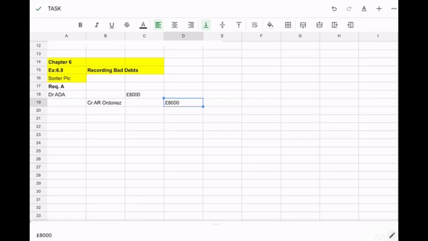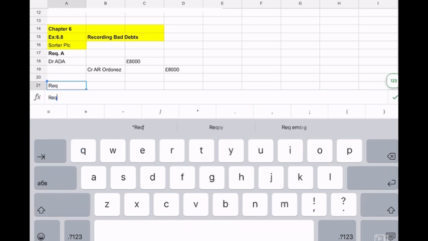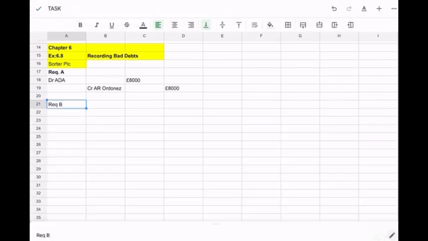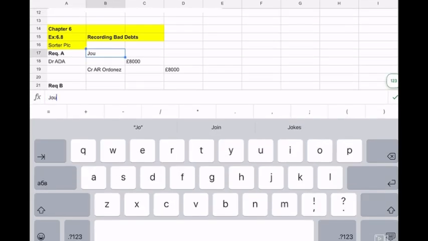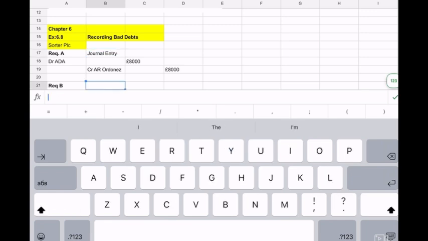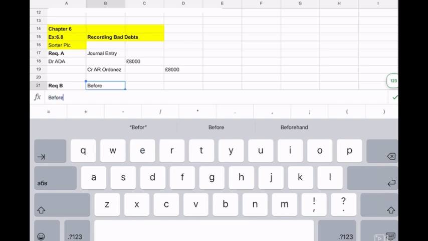So I will remove this amount from the customer's account. Okay, here we have the currency, 8,000. So that was requirement A. Let me continue with requirement B.